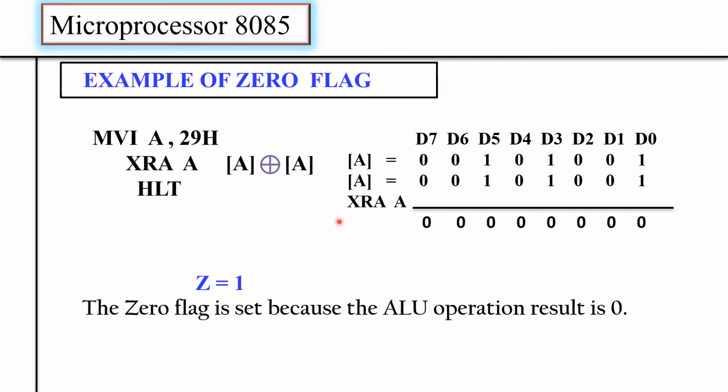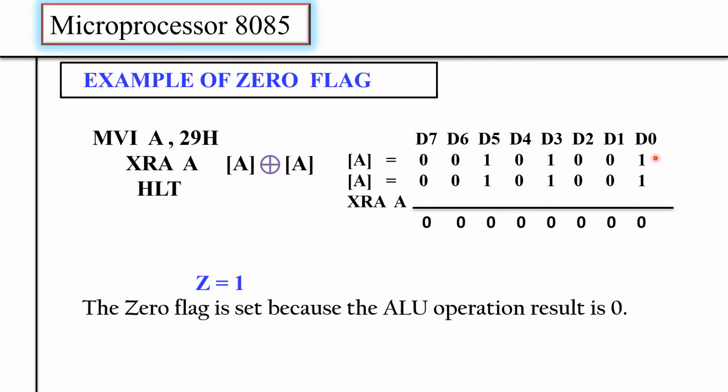Now we will perform the operation, that is XRA A, exclusive OR of A with A. We can do exclusive OR of A with B also, that is accumulator with register B, or C or D, right? So we can take the content of another register and perform this exclusive OR operation.